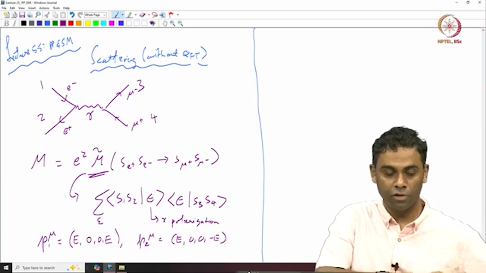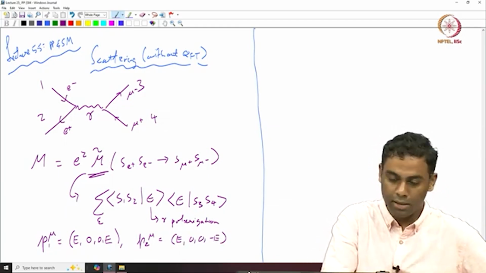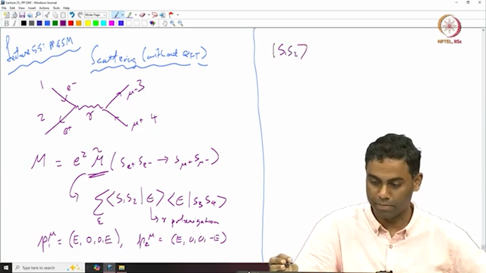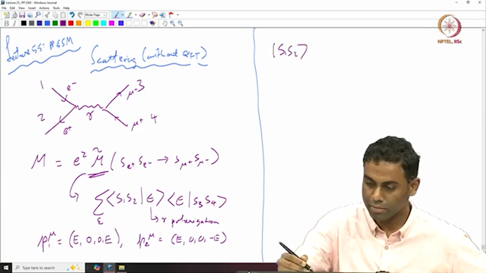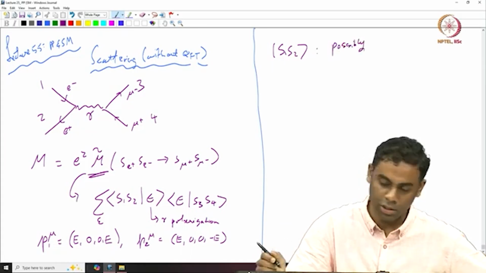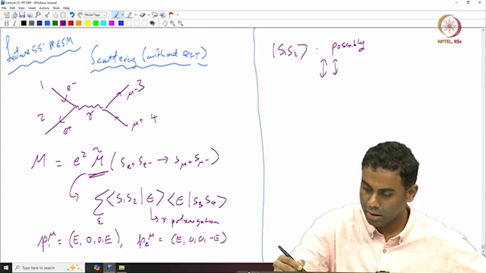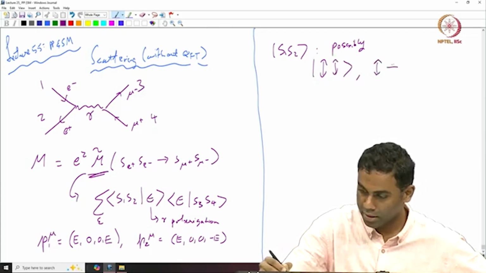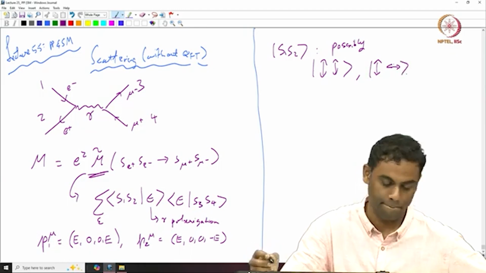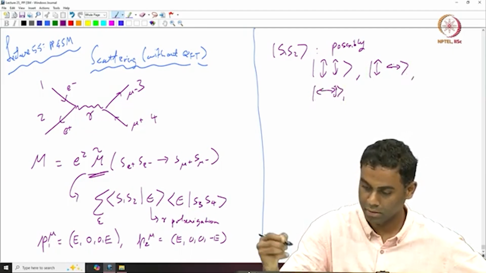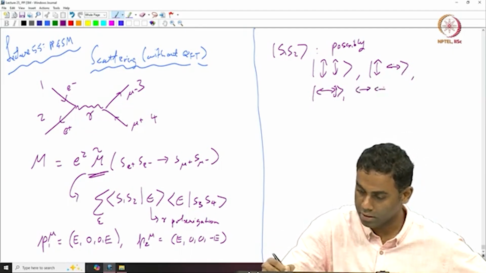So these are the variables with which we are going to work, and I ended last lecture by looking at some possibilities for the S1 S2 state. Okay, and I said that these could possibly be like this, or like this, or like this, or like this.